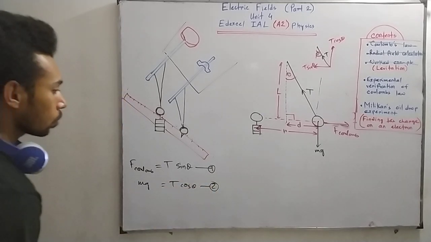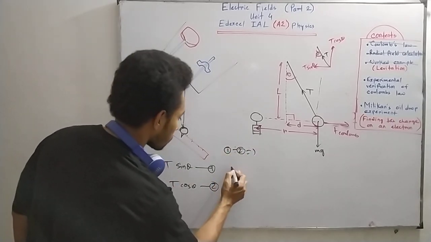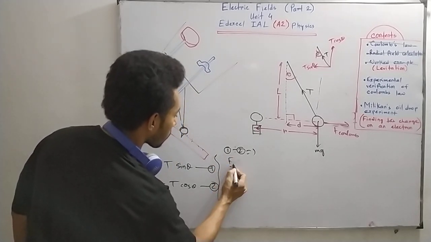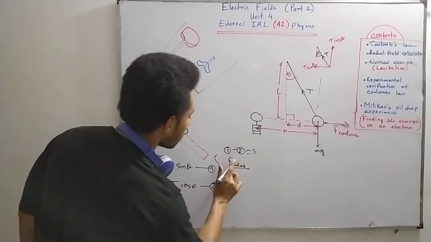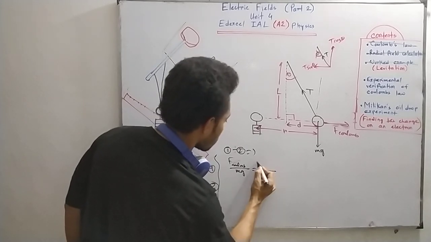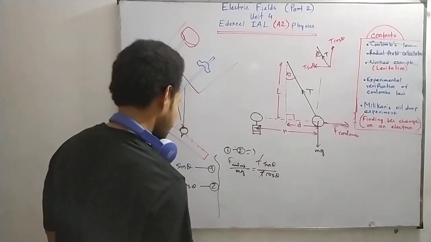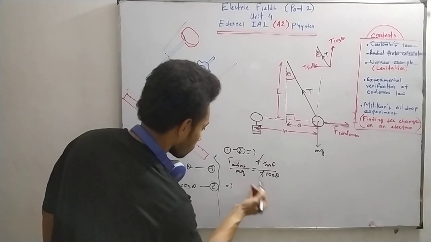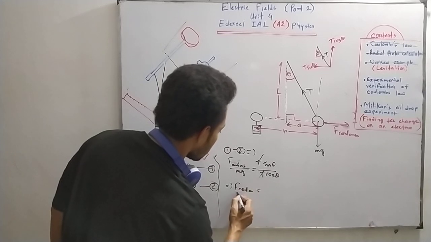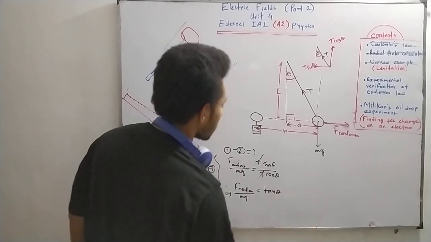If you divide equation 1 by 2, you'll get F Coulomb divided by mg is equal to T sin theta by T cos theta. Cancel T, then F Coulomb divided by mg will be tan theta.